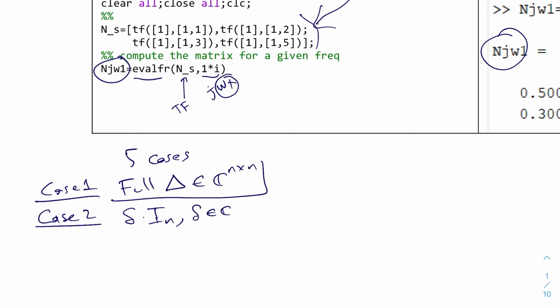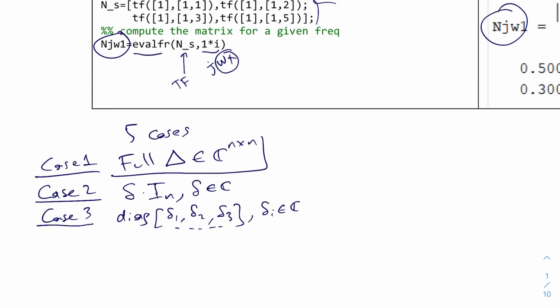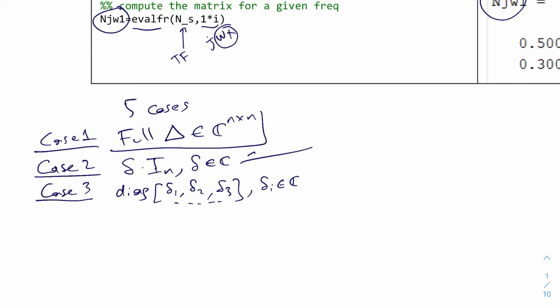Case 3 is a diagonal form, and I'm going to specifically write something like this. This is diagonal as well, but this is a repeating diagonal form, and this is more like a general diagonal form.